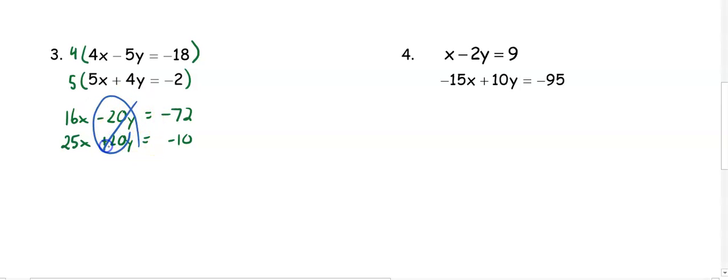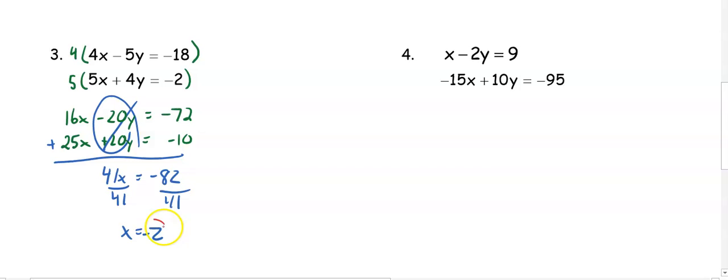So our y's cancel out, and when we add straight down, we get 41x is equal to -82. We divide by 41, so x is -2. Then we can take that and substitute. So I'm going to take -2 and substitute into an equation. 4 times -2 minus 5y equals -18.